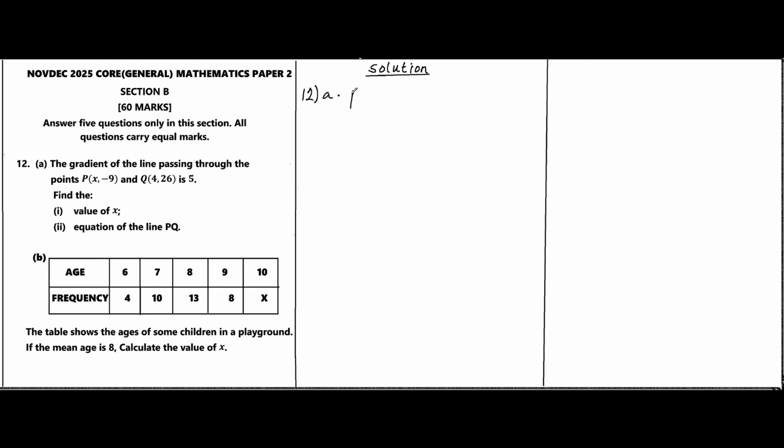So these are the coordinates of the points. Point P, we have x, minus 9, and point Q, we have 4, 26. Recall that the gradient of a line joining 2 points is given by the formula y2 minus y1 all over x2 minus x1.